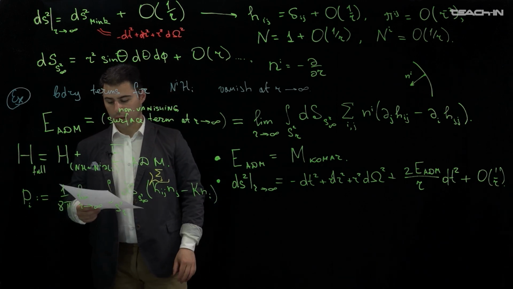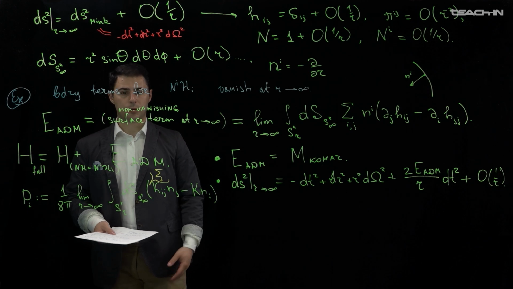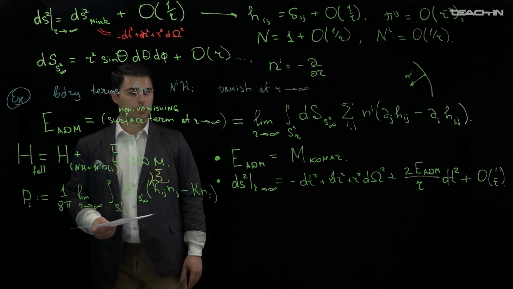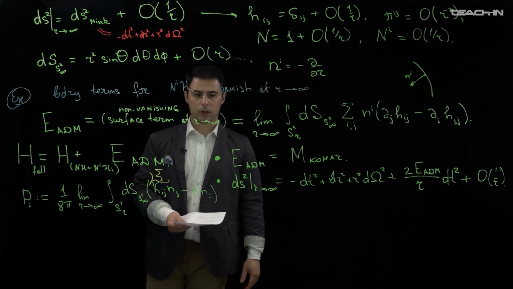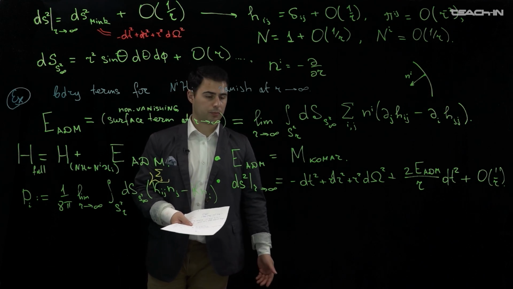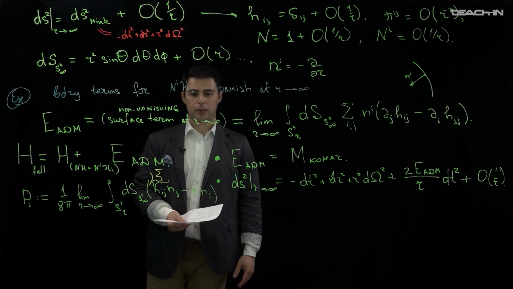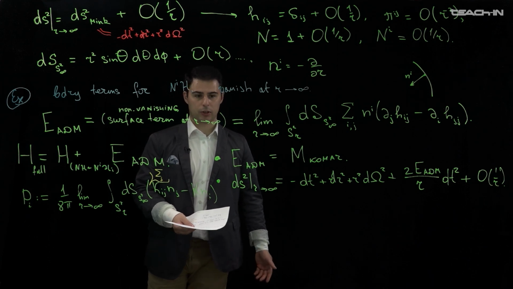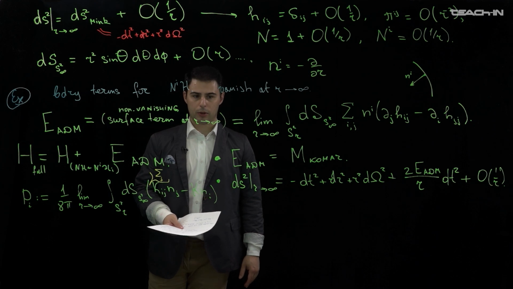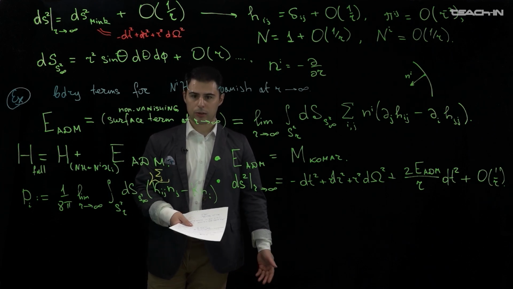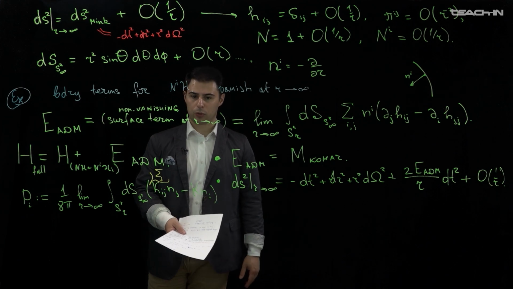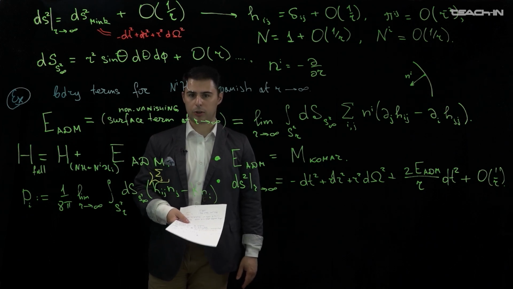Now, naturally, one can ask if we can have spacetimes with negative ADM energy. We can indeed find such spacetimes. For example, the ADM energy is the Komar mass, and we know that for the Schwarzschild solution the Komar mass is the parameter m.